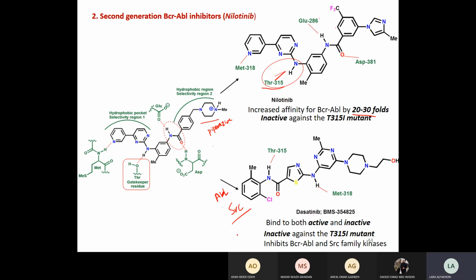Okay, so that is why the effectiveness of dasatinib is much greater than imatinib and nilotinib, because it has dual specificity for two kinases that are known to be implicated in leukemia.